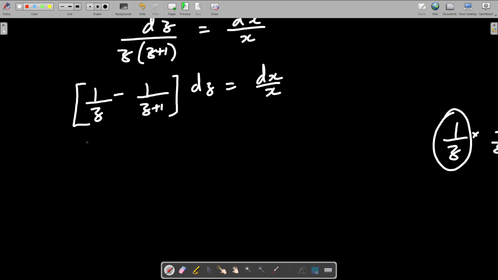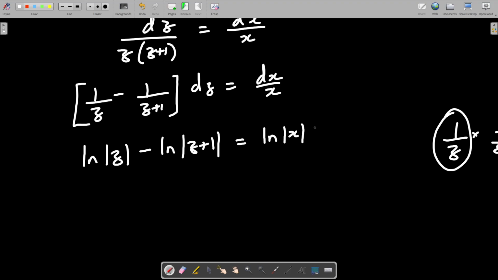So integrating now, this will become log of z minus log of z plus 1. Okay, and this is going to be ln of x plus, I'll write ln of c here. If everything is in terms of log, I'll write the constant also as log.